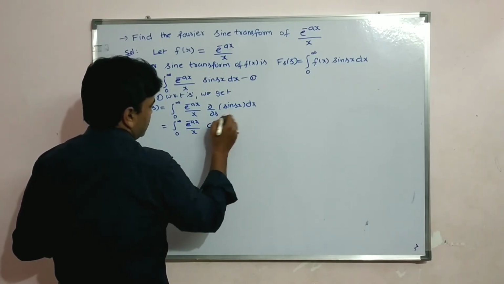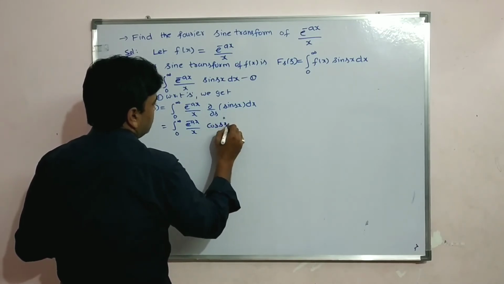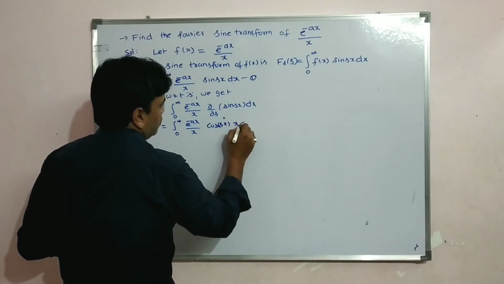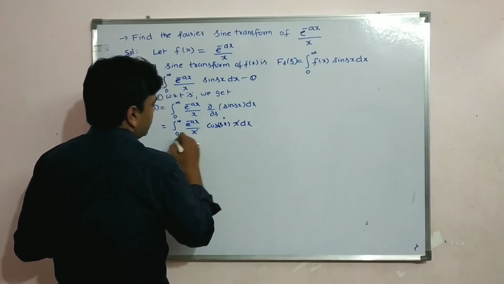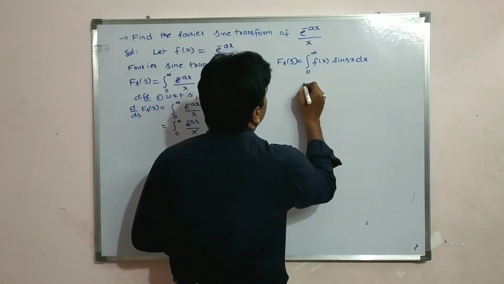The derivative of sin sx is cos sx, into again the derivative of sx with respect to s, which gives x, into dx. The x cancels. So again I have a formula.